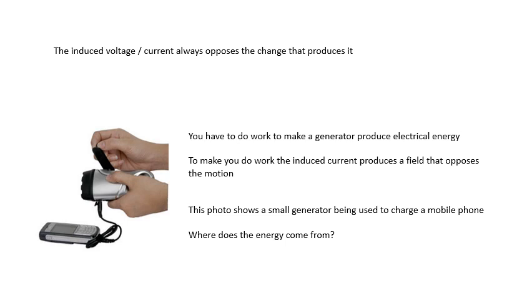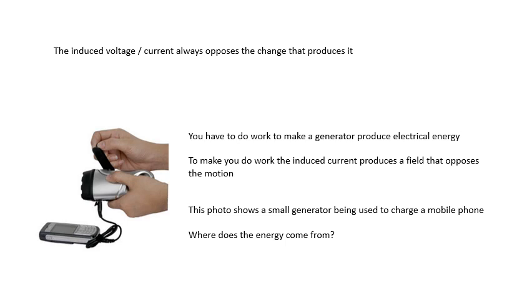Another way of thinking about it is, to make electricity, you have to do work. You have to do work to make a generator produce electrical energy. And to make you do work, the induced current will produce a field that tries to stop you, to try and slow you down.